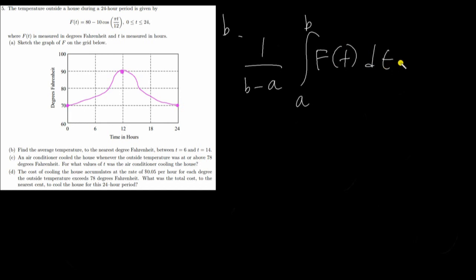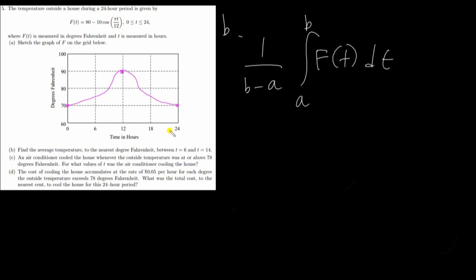Okay, part B now. Find the average temperature to the nearest degree Fahrenheit between t equals 6 and t equals 14. So the way we're going to do that is we're going to say, okay, this is the formula for the average value: 1 over b minus a times the integral from a to b of f of t dt.